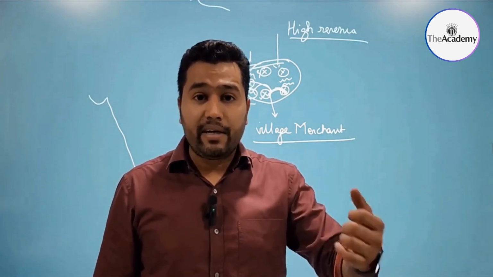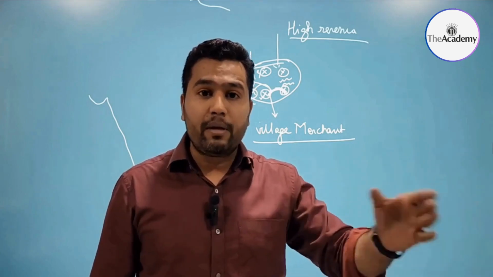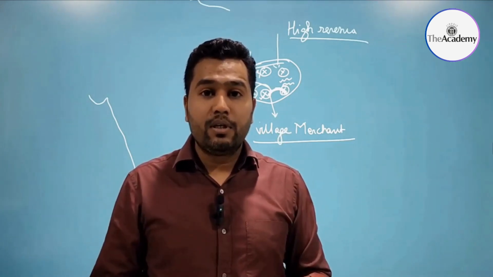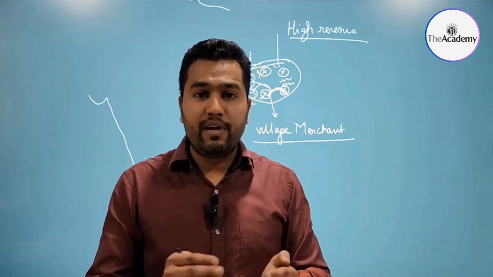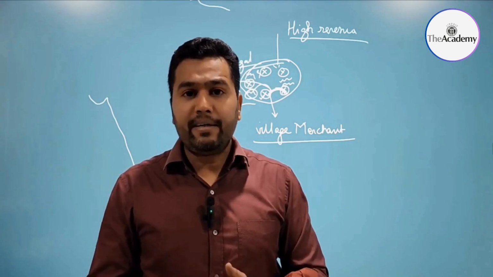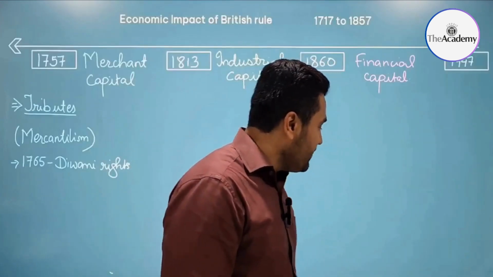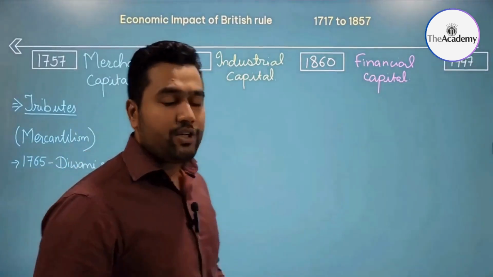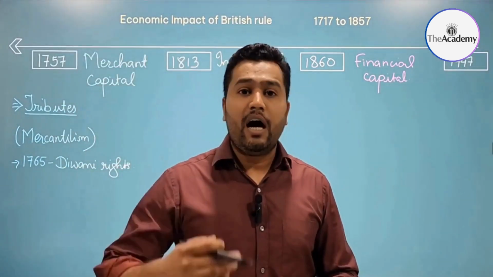European traders' private trade benefited because of the political power they enjoyed. So the Indian self-sufficient village and its economy got impacted when the British acquired the Diwani rights, and via these Diwani rights, the British started imposing a high revenue demand.